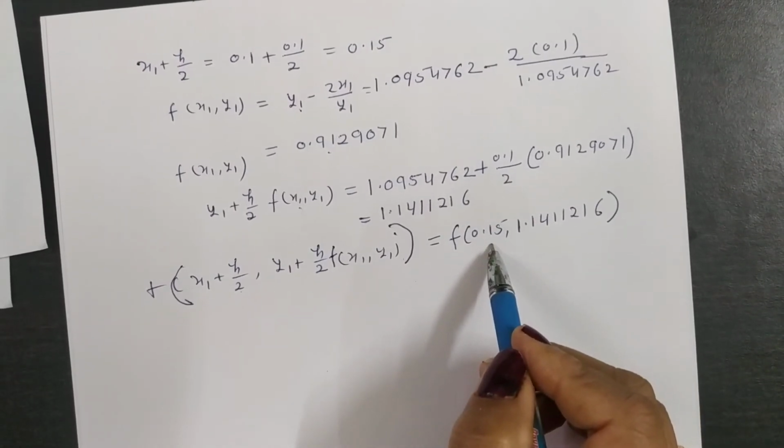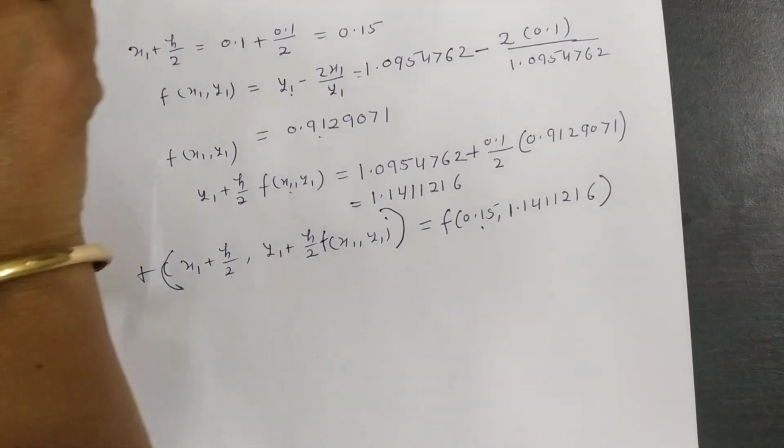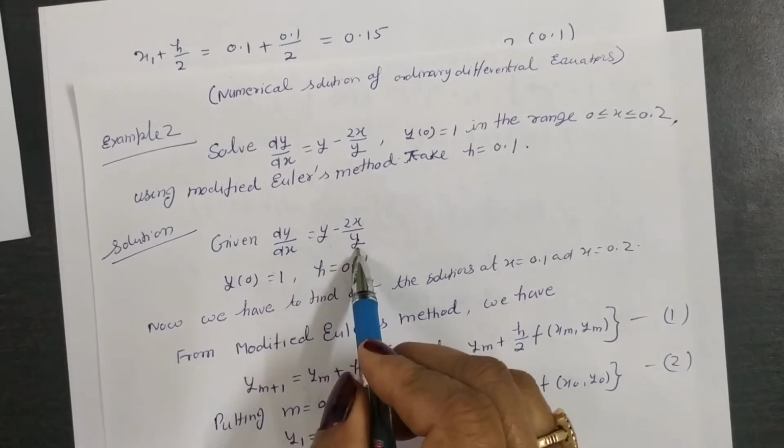Now substituting again, f of xy is given here as y minus 2x by y.